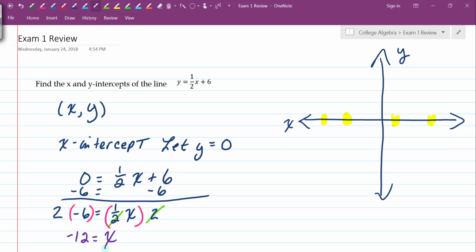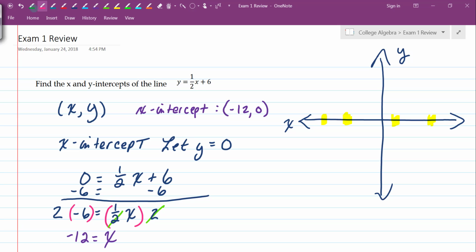So for my x-intercept, I have the point, and you have to write it as a point, -12, 0. So that's my x-intercept.